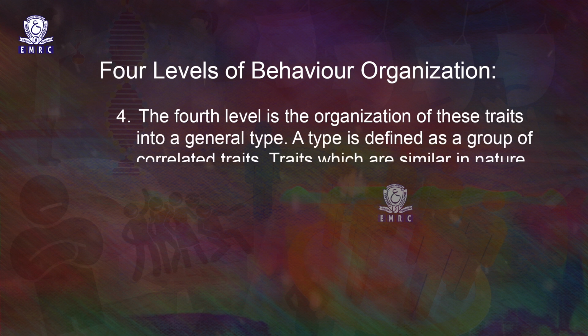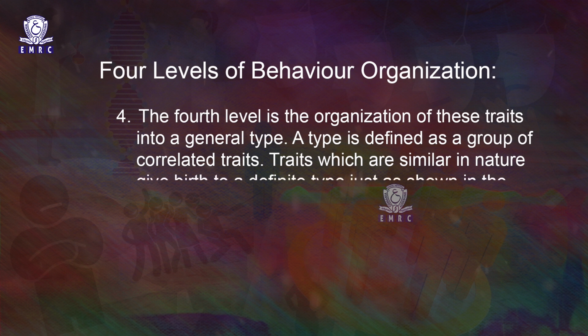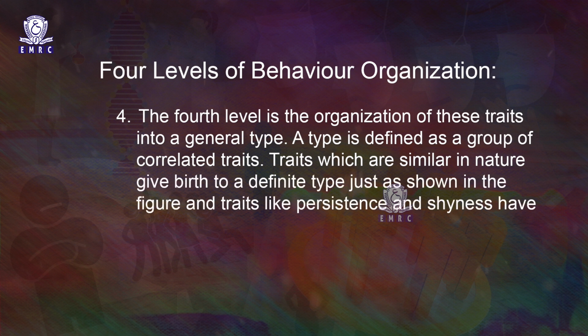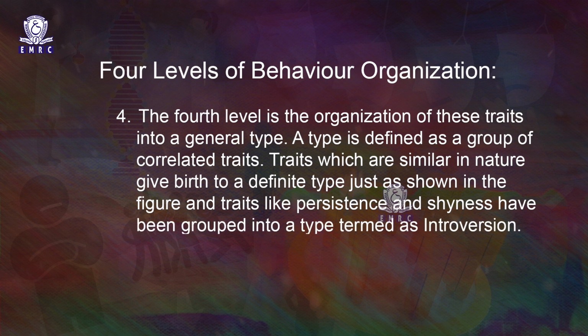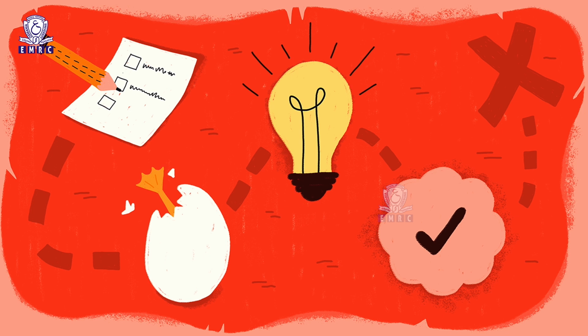A type is defined as a group of correlated traits. Traits which are similar in nature give birth to a definite type, just as shown in the figure, and traits like persistence and shyness have been grouped into a type termed introversion. An ultimate distinct type is obtained at this final stage.